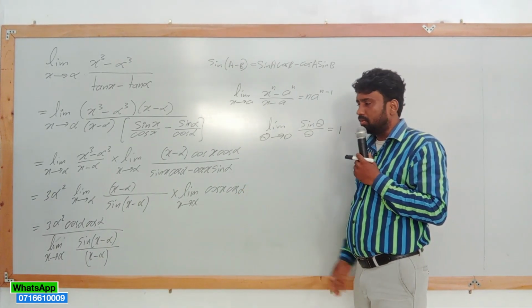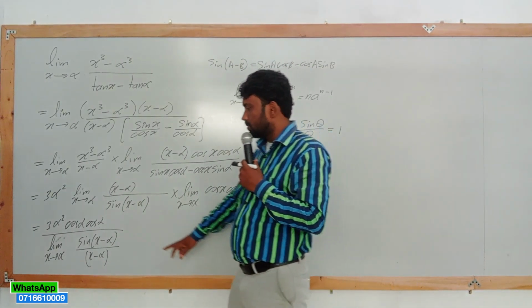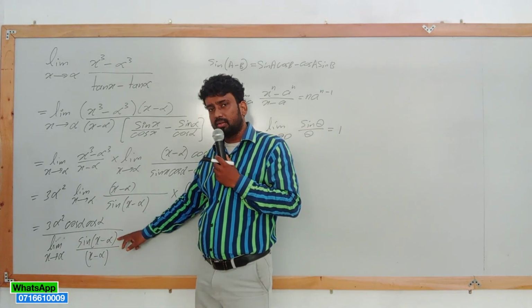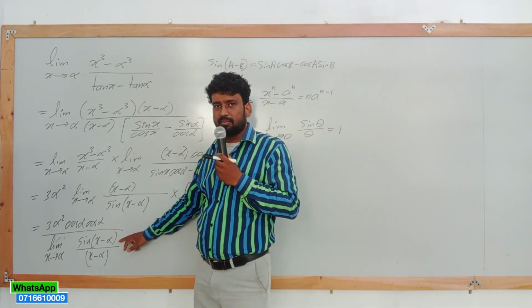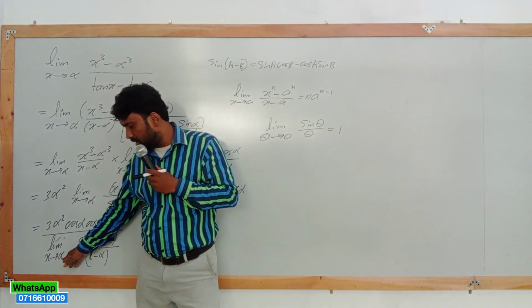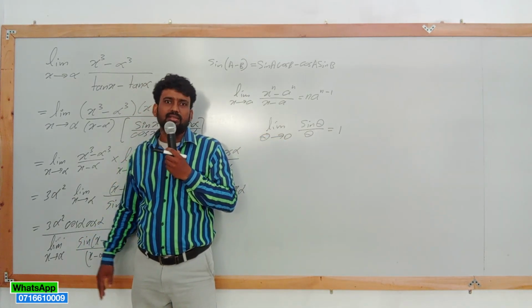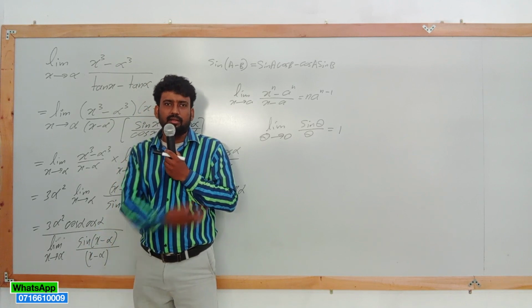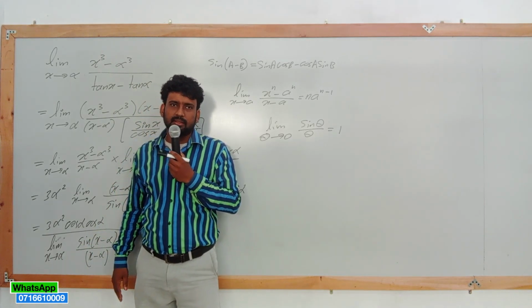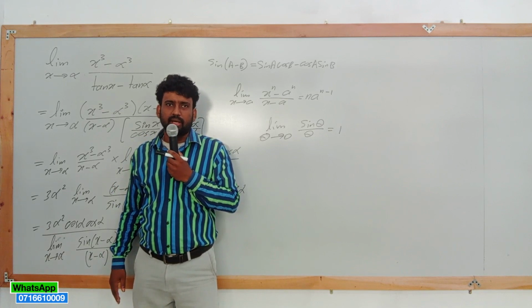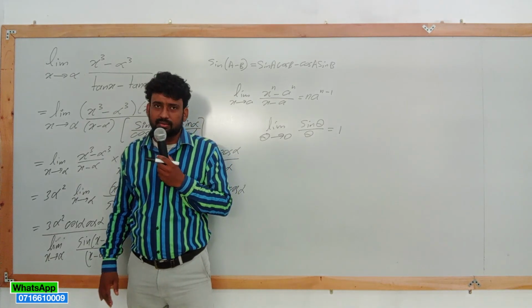Here it is x minus alpha, not a theta or x or something, right? This one is not going to 0, this one is going to alpha, right? Then you can't use that theory, right?